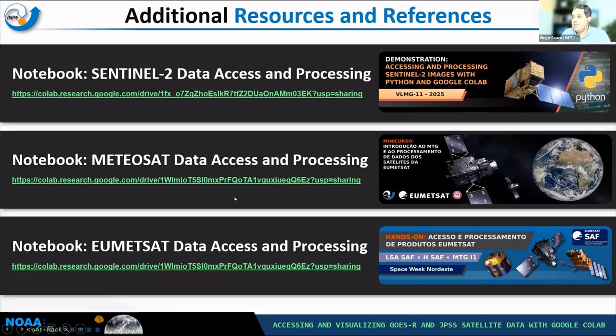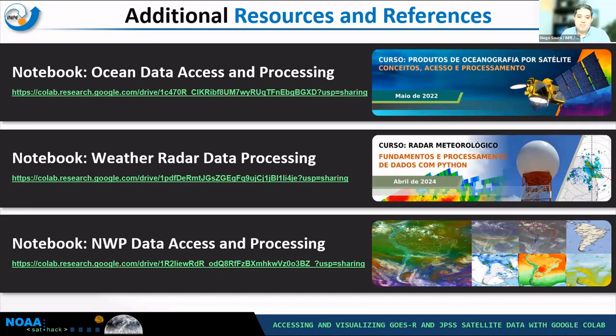EUMETSAT. And as I mentioned earlier, using a single programming language across our trainings has greatly simplified the process, and it has allowed us to combine satellite data with other sources like weather radars and NWP outputs.